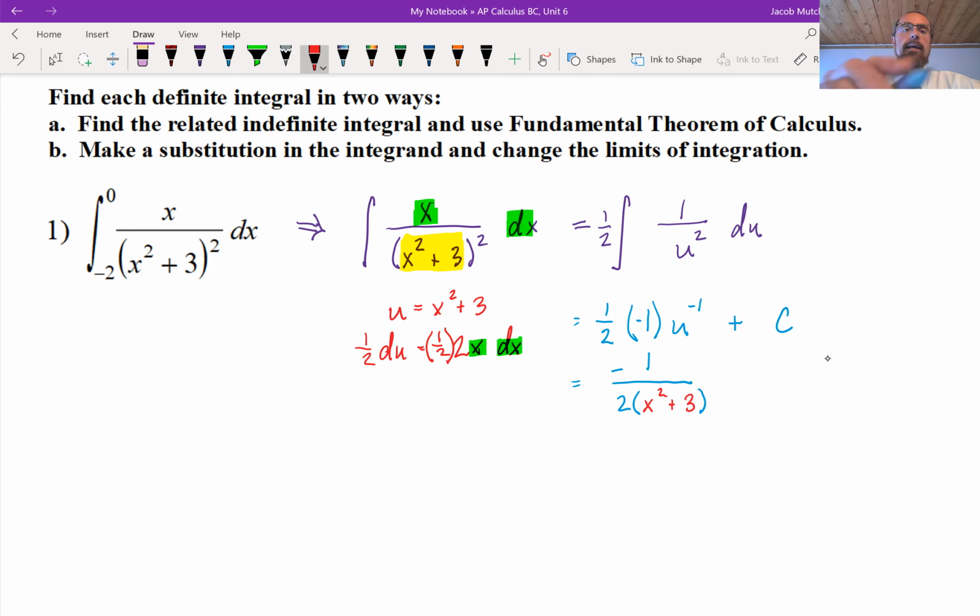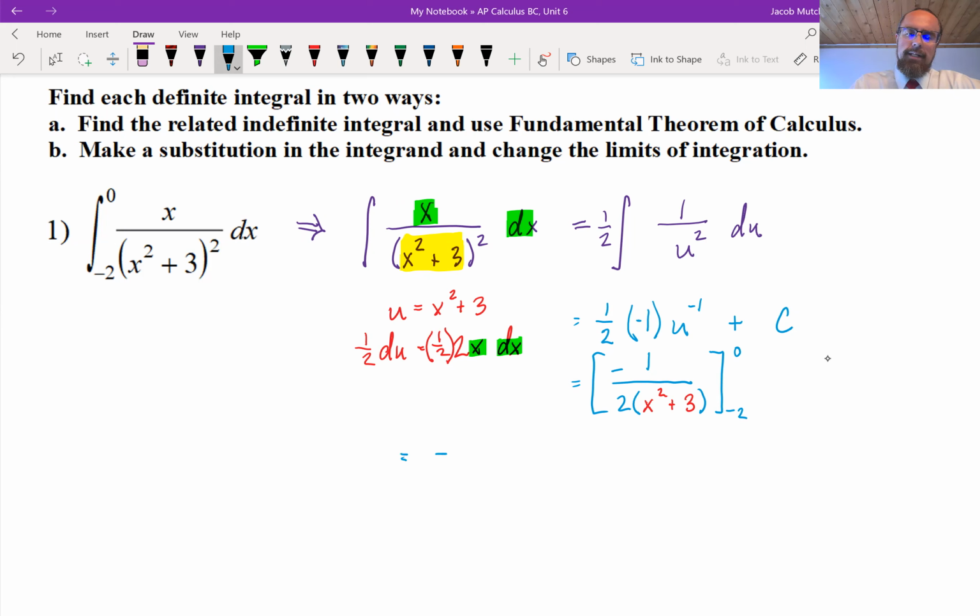Now, once I make that substitution back in, I want to treat this as a definite integral and evaluate according to the fundamental theorem of calculus, which says basically this is equivalent to the function here evaluated at 0 minus the function evaluated at -2.